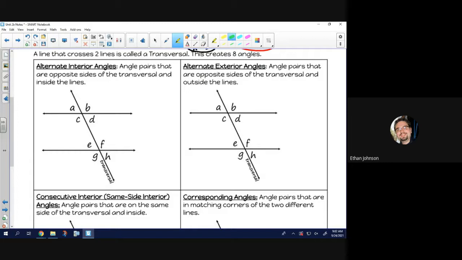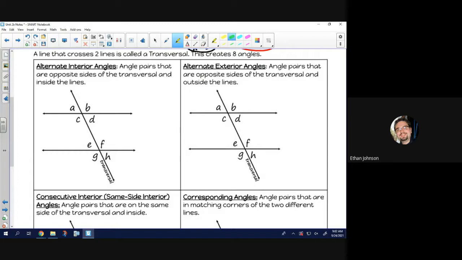First one is called alternate interior angles. Now, the word alternate means opposite sides. And by opposite sides, we're referring to our transversal. So we want opposite sides of that transversal. And then interior, just like the interior of a house is the inside, we're going to view our two lines as a house. So it's in between those two lines.